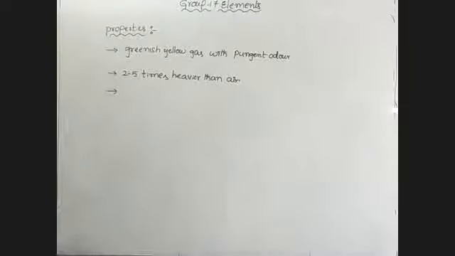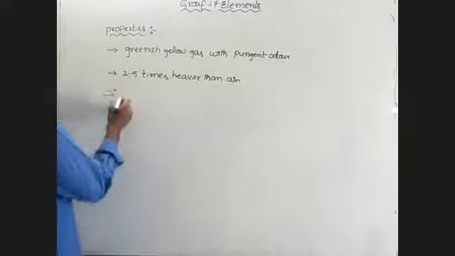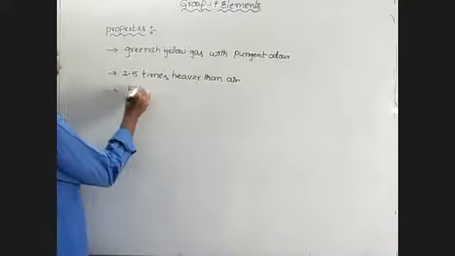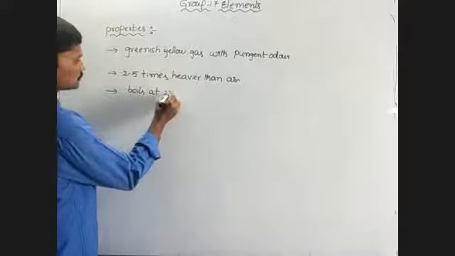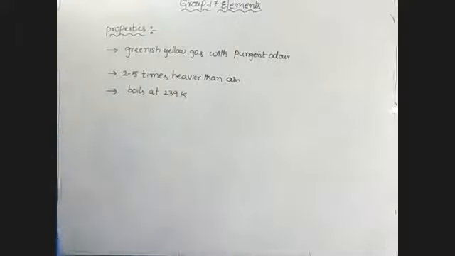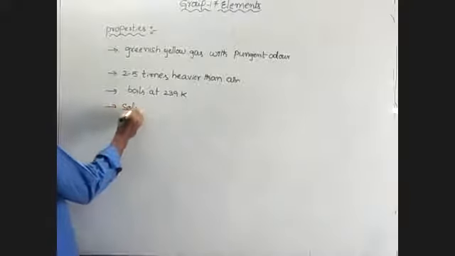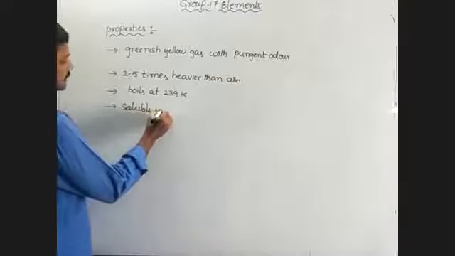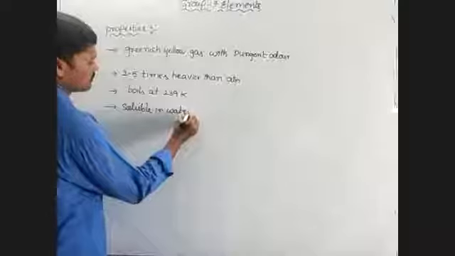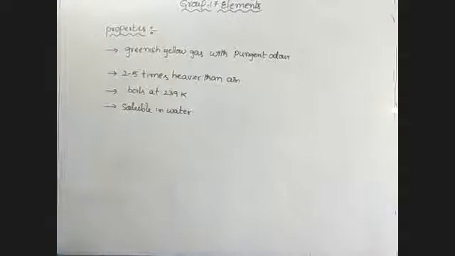It boils at 239 Kelvin. Next property, it is soluble in water. These are physical properties of chlorine.